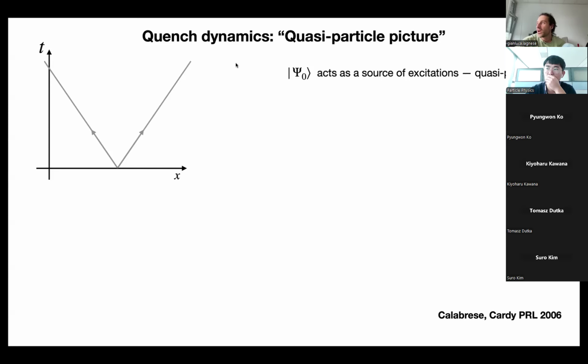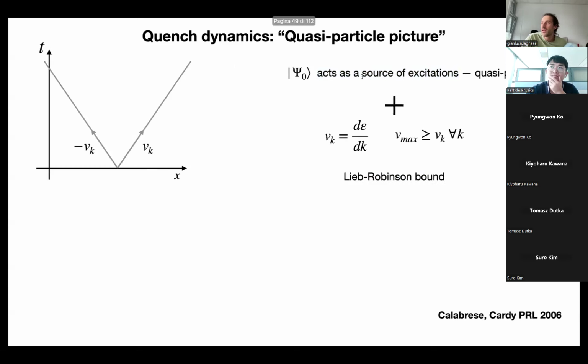Our understanding of the majority of what happens is that you imagine the initial state as a source of quasi-particle excitations. If you have translational invariance, these are created in pairs and propagate in opposite directions. The speed is the derivative of the dispersion relation with respect to the momentum.